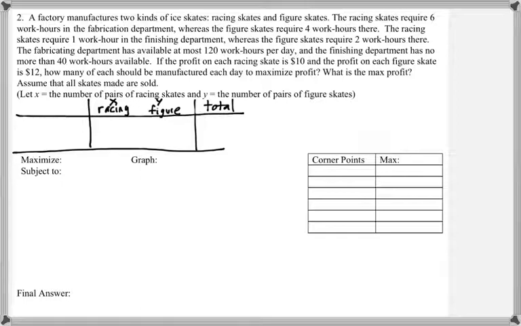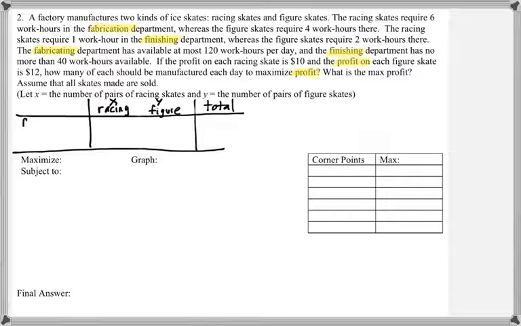So what types of information do we have? We have fabricating, we have finishing, and then we have profit.